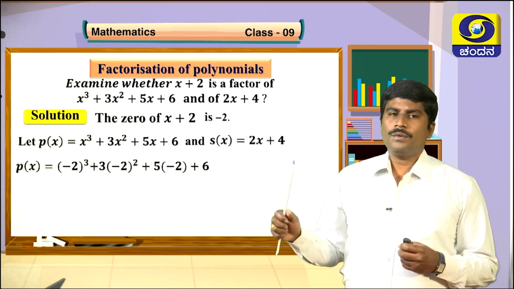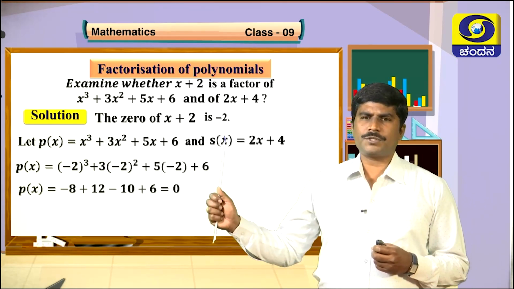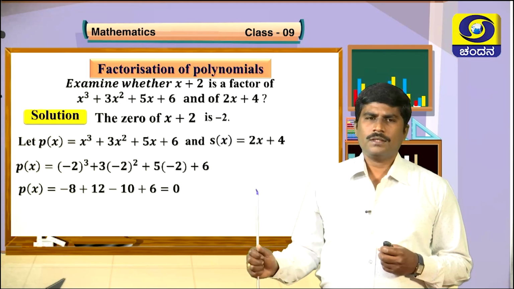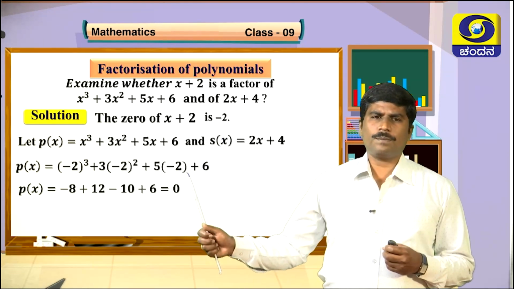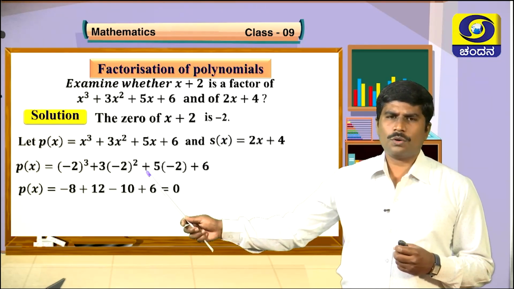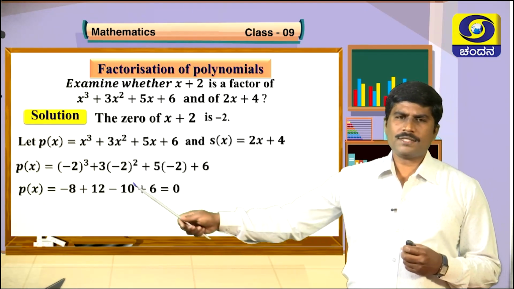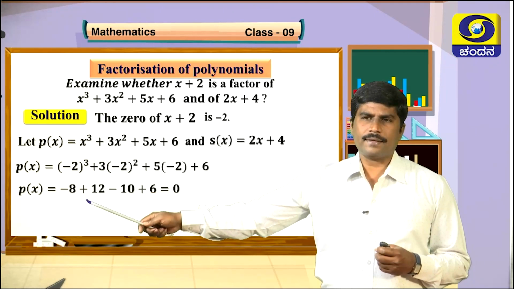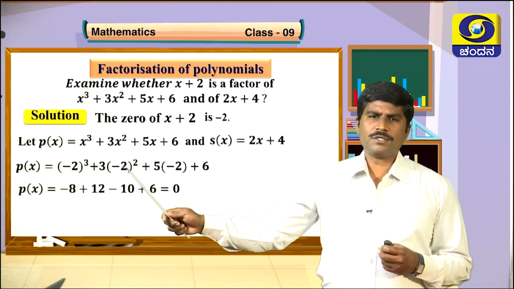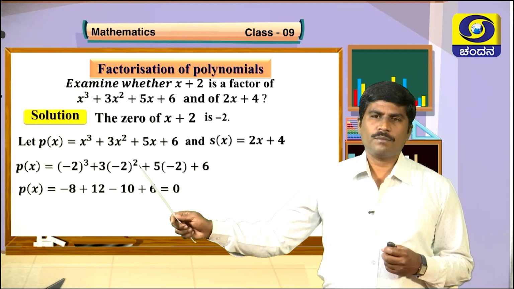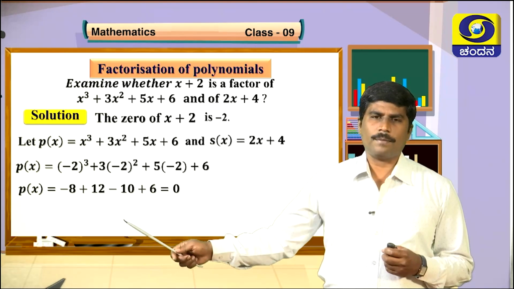Now for p of x, we are substituting the value minus 2 here. So minus 2 whole cube plus 3 into minus 2 whole square plus 5 into minus 2 plus 6. Minus 2 whole cube means minus 8. Minus 2 whole square is equal to 4, and 4 threes are 12.